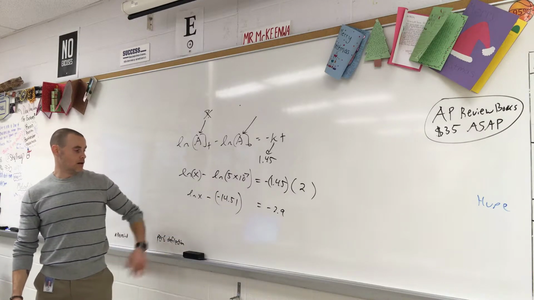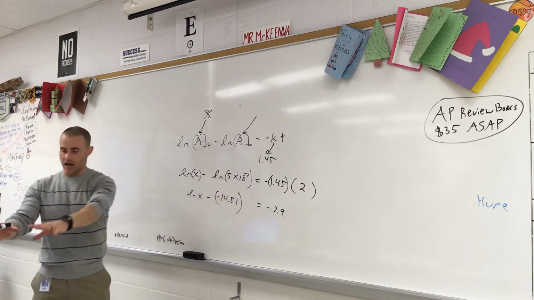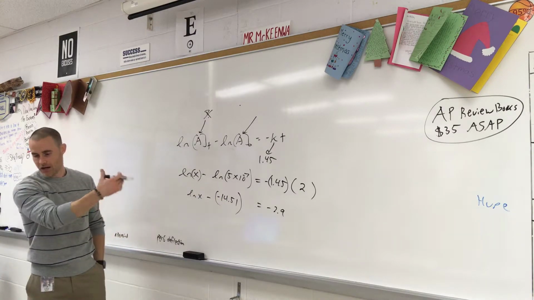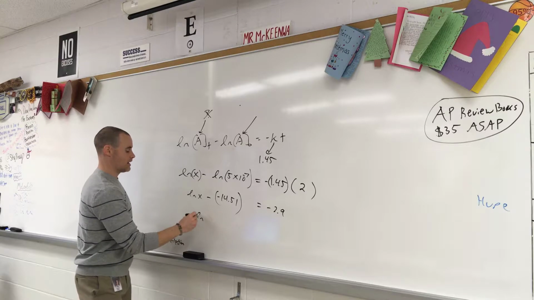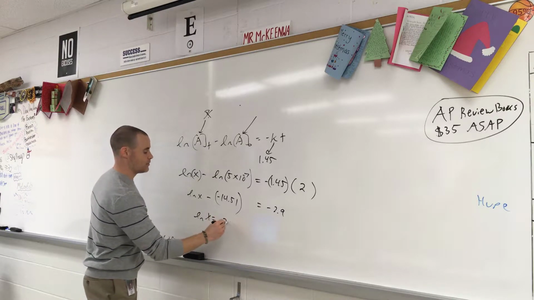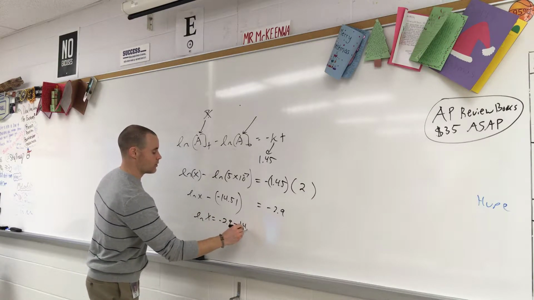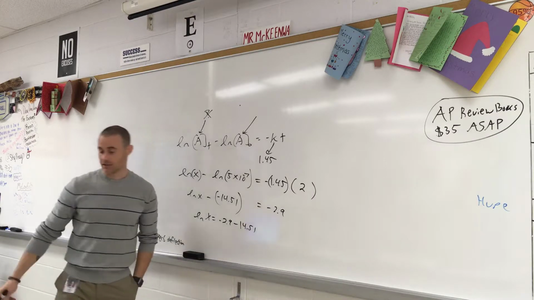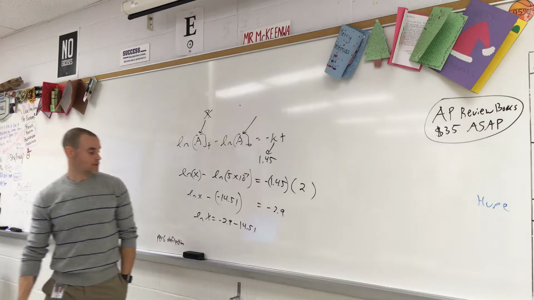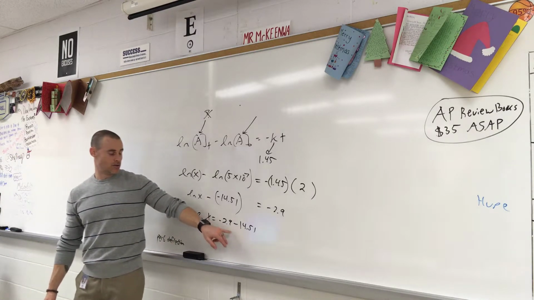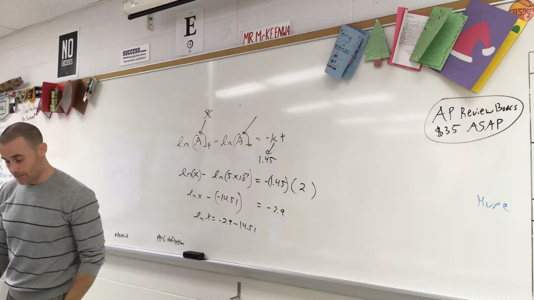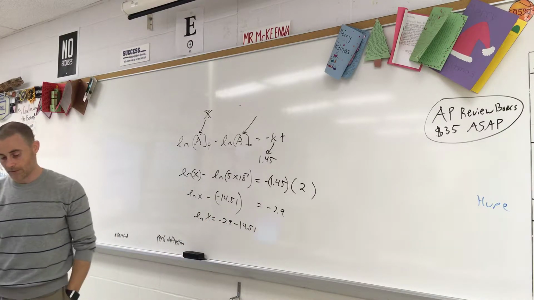So basically what I have, I kind of skipped around. I don't have the steps here, sorry. So natural log of x equals negative 2.9 minus 14.51. That's essentially what I have.